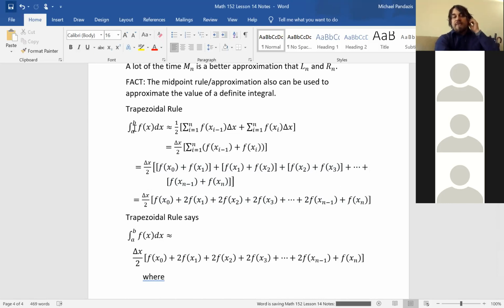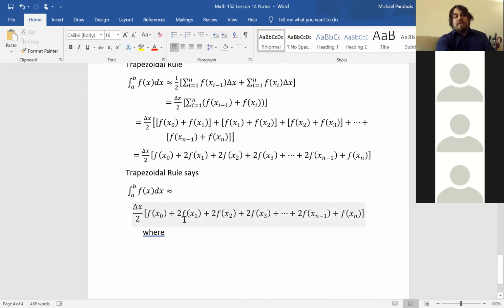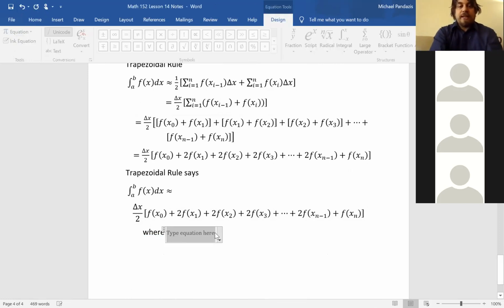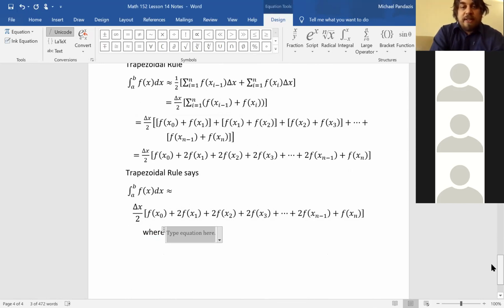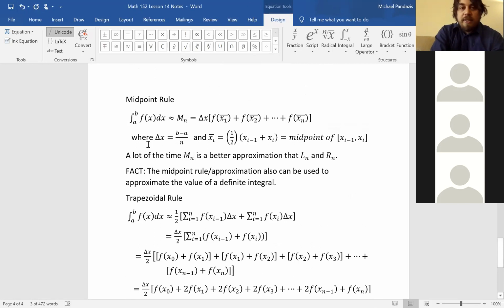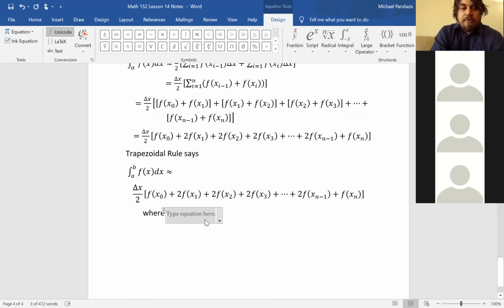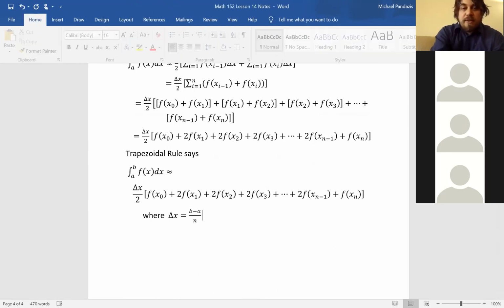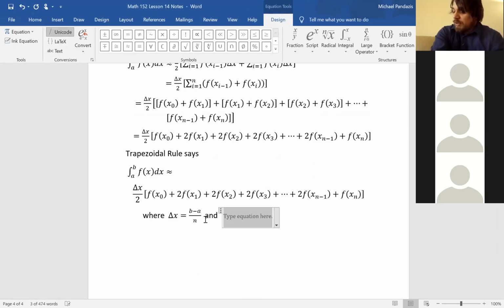Okay, so now this definite integral is delta x over 2 times that sum, where all the coefficients are 2, except for the first and last coefficient, which is this one. Where delta x is equal to b minus a over n, and x sub i is equal to a plus i times delta x.